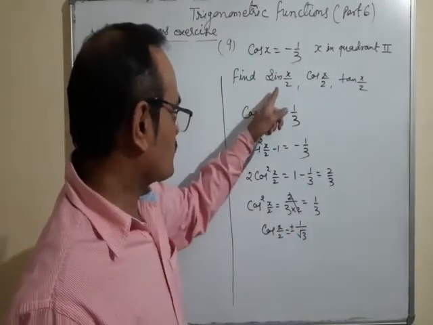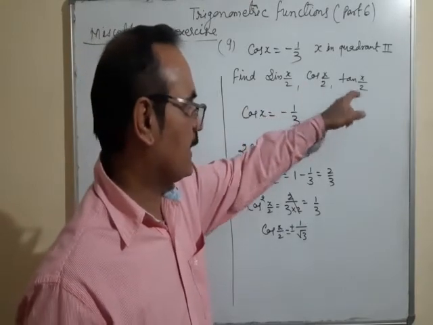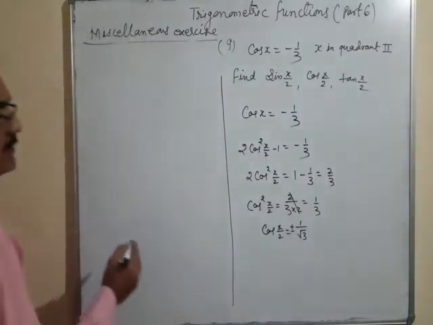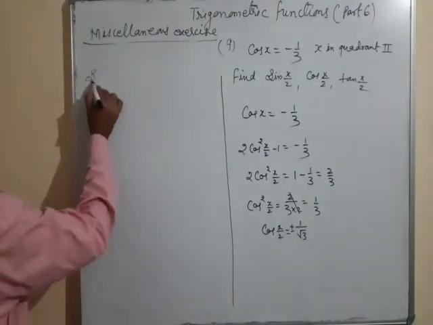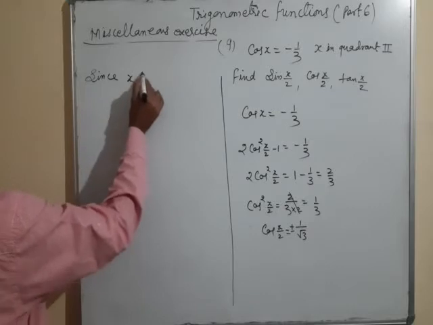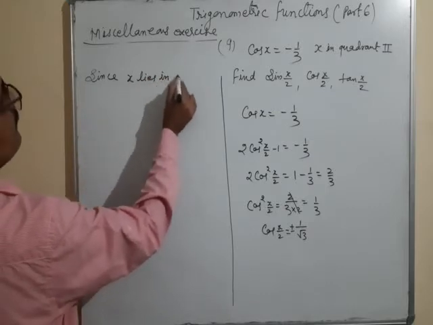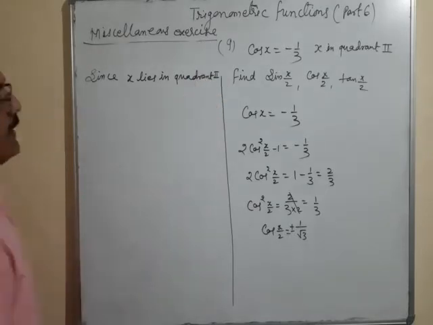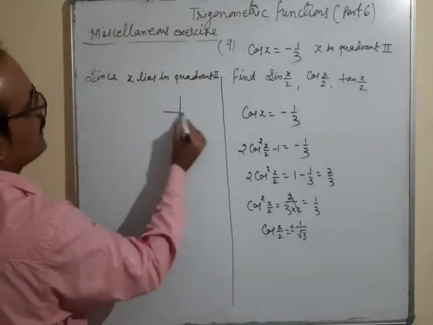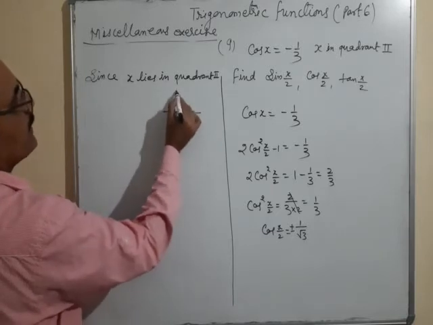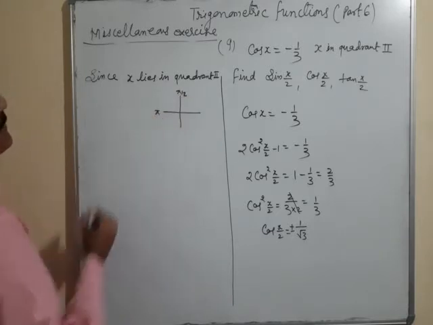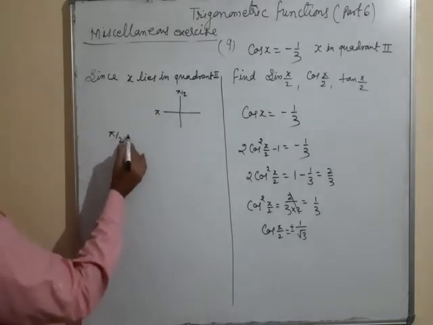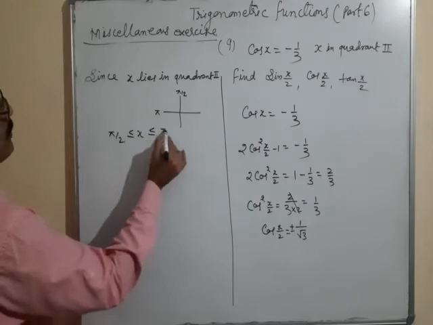We are finding the value of sin x by 2, cos x by 2 and tan x by 2. Since x lies in the second quadrant, let me remind you once again, this is the second quadrant, pi by 2 to pi. So pi by 2 is less or equal to x is less or equal to pi.